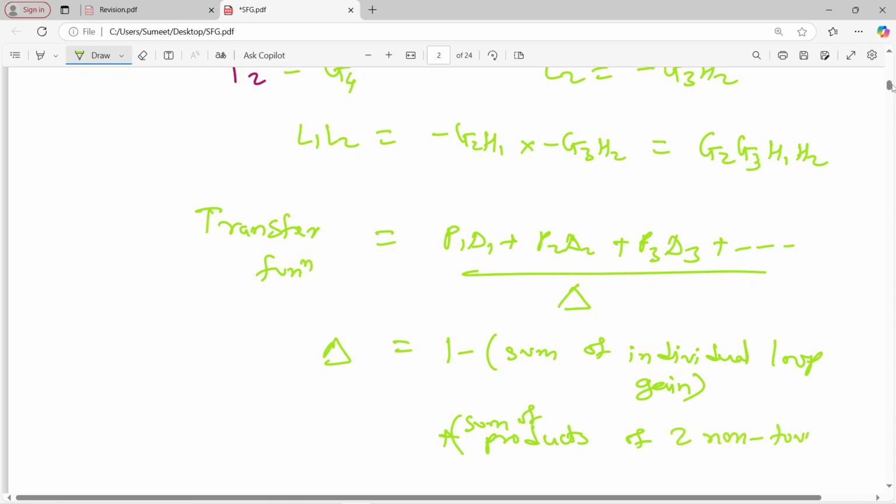So this is your delta. Next, we will just put the values in the given answer.